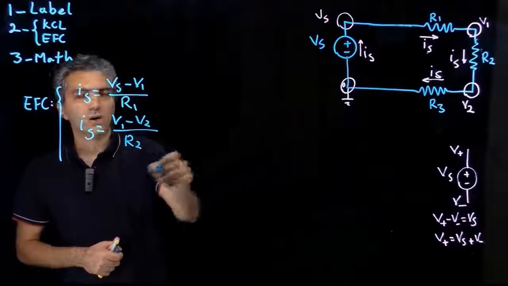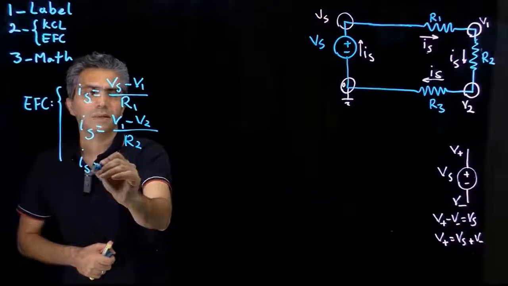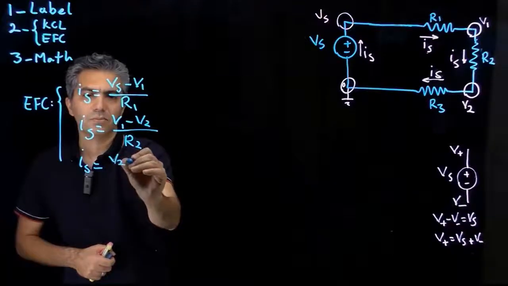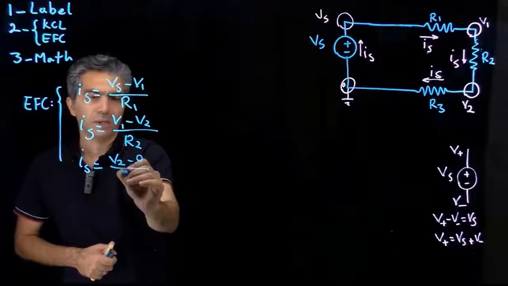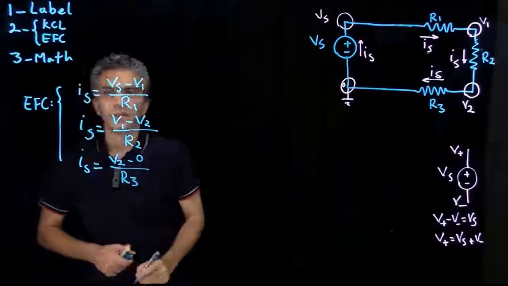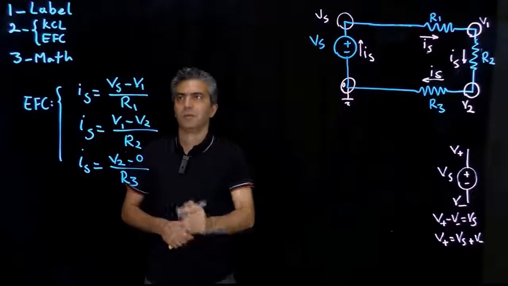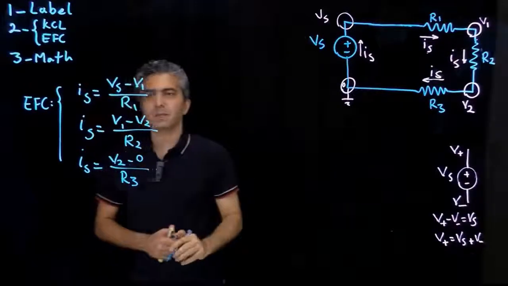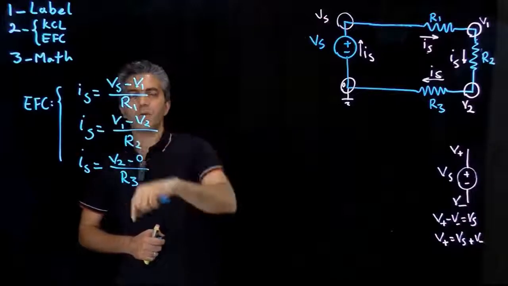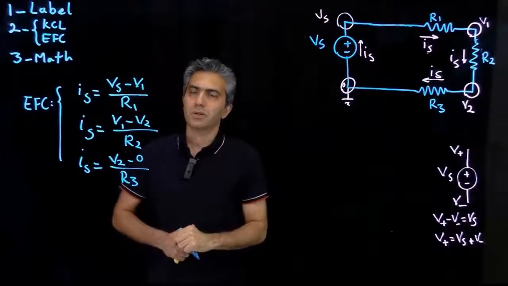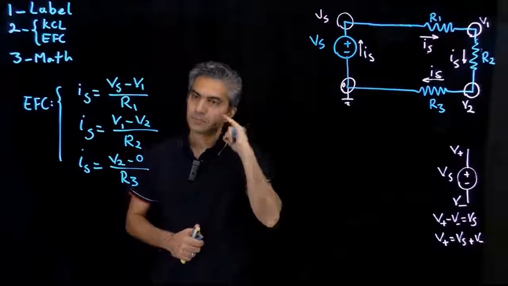And finally, for R3, IS is equal to V2 minus 0 divided by R3. And we are done with the first 2 steps. I have to solve a set of 3 equations with 3 unknowns.